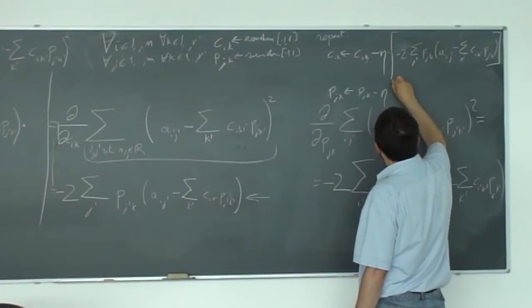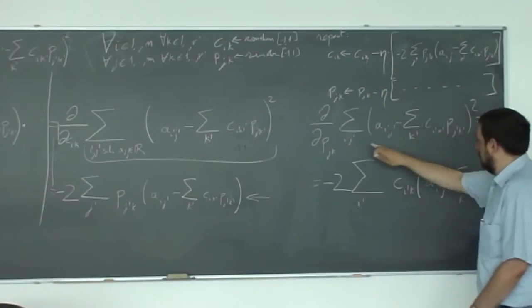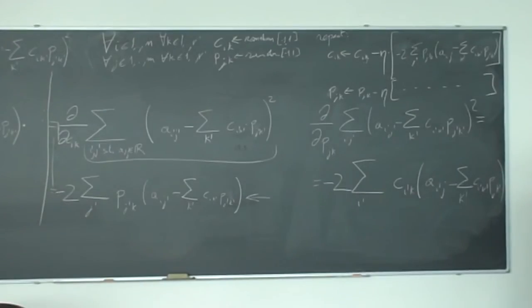Pjk minus eta times the derivative that we computed here.